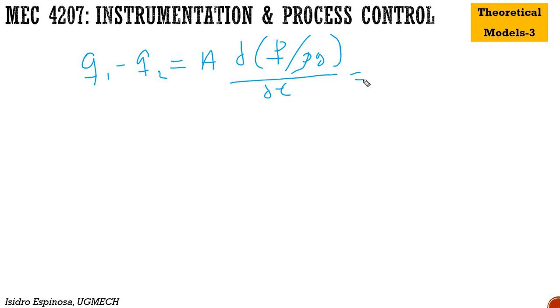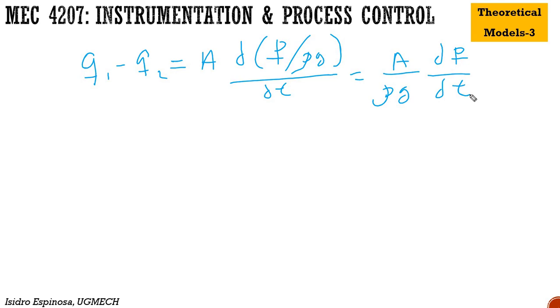This is equal to area over rho g times the differential of pressure over the differential of time. If the liquid is assumed to be incompressible, in this case, its density does not change with pressure.